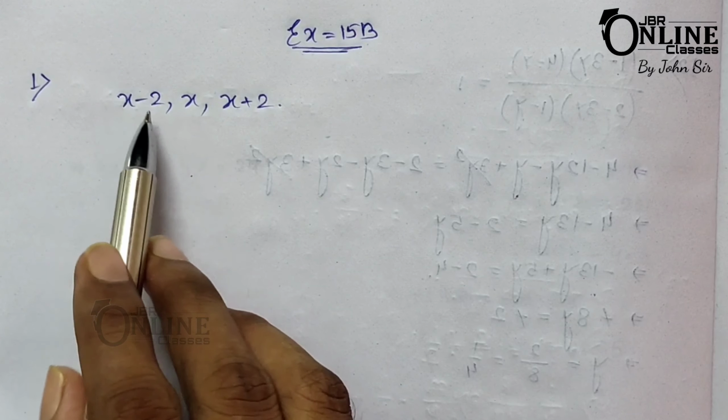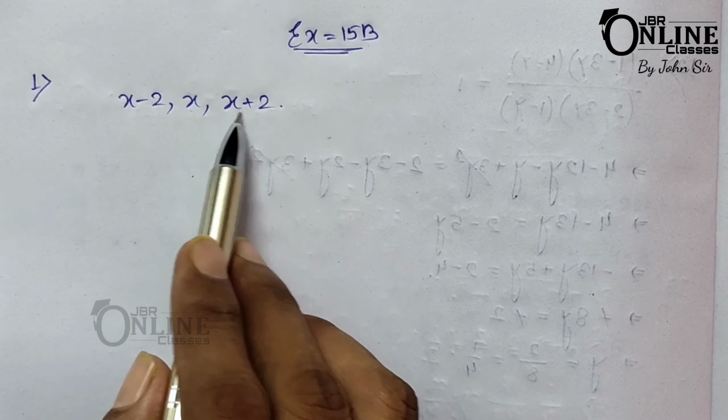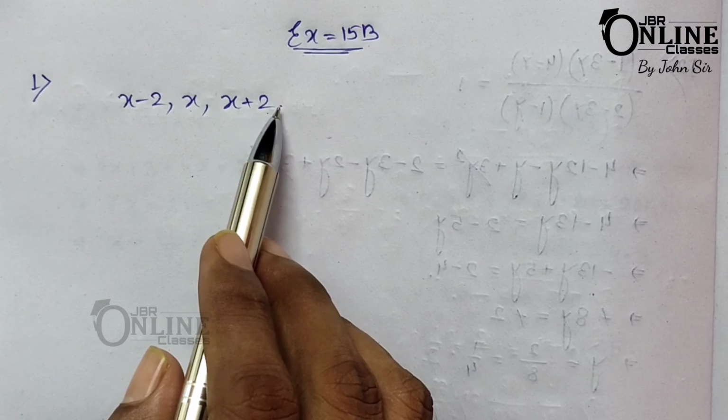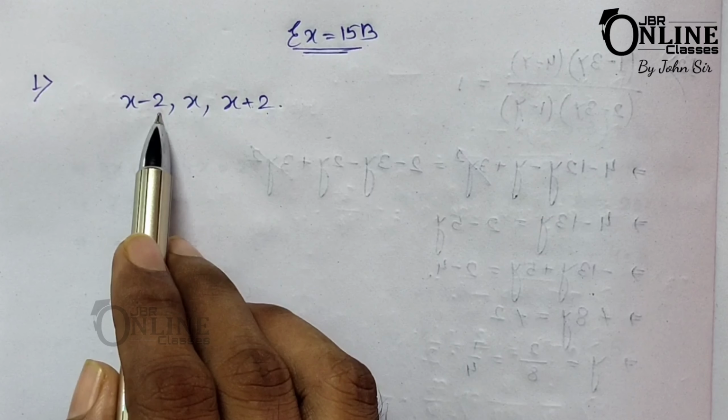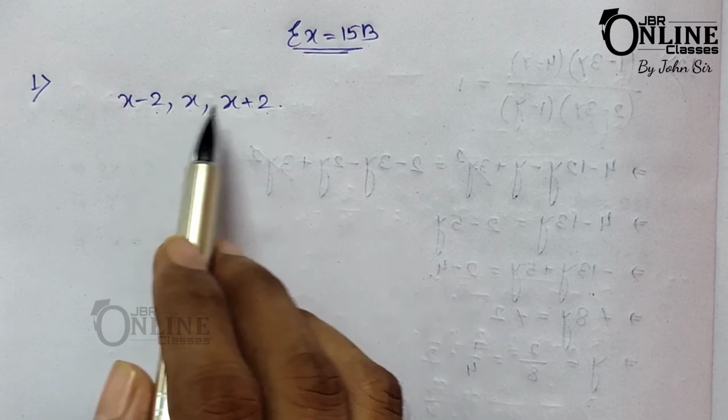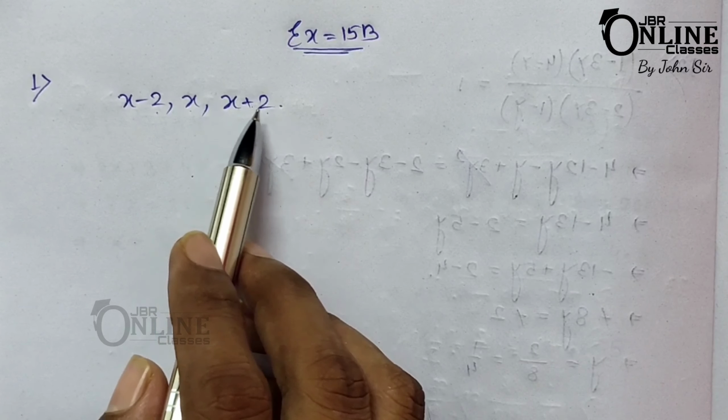So x minus 2, x and x plus 2 are 3 consecutive odd numbers.